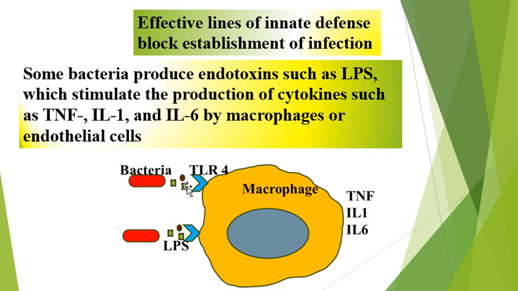So if someone gets infected by this bacterium, for example, the bacterium will activate this macrophage. The activated macrophage will produce cytokines, for example, tumor necrosis factor alpha, interleukin 6, and interleukin 1.